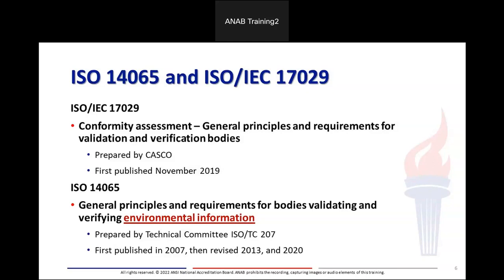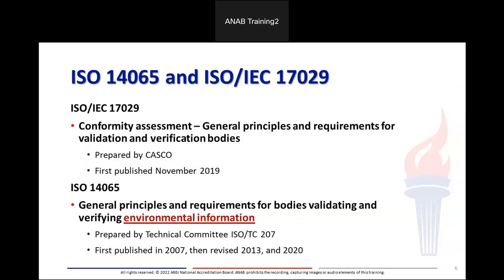ISO 14065, titled General Principles and Requirements for Bodies Validating and Verifying Environmental Information, was prepared by the ISO Technical Committee 207, and this was first published in 2007, so a number of years prior to 17029. Since then, this document has gone through two revisions, one in 2013 and the most recent in 2020.